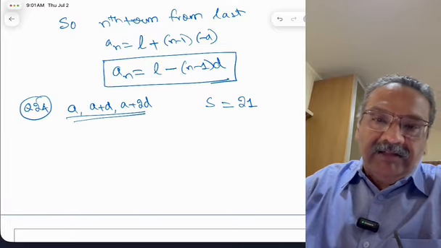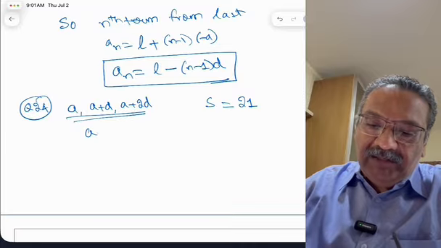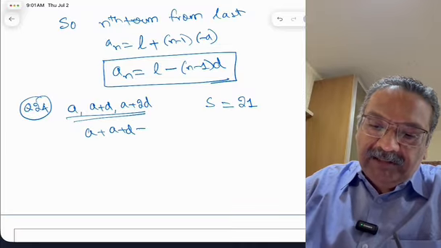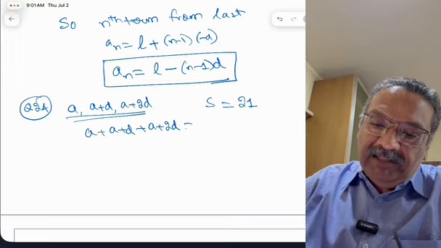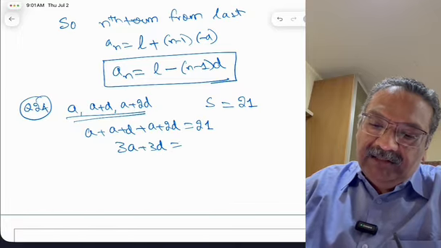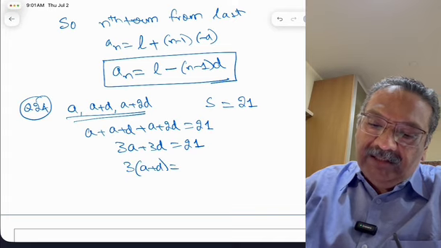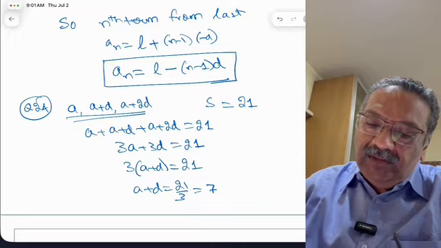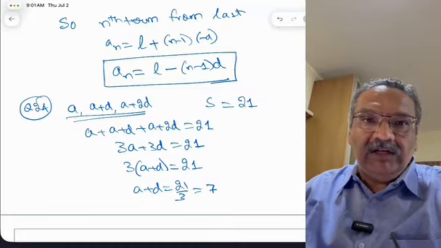So these 3 are the terms and the sum is 21. So you can directly take a plus a plus d plus a plus 2d is 21. So we get 3a plus 3d is equal to 21. So thrice of a plus d is 21 and a plus d is 21 by 3, which is equal to 7.